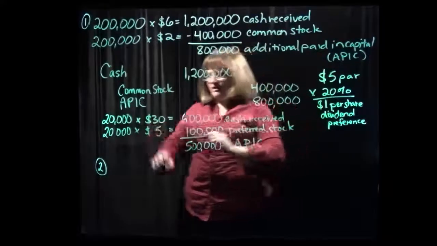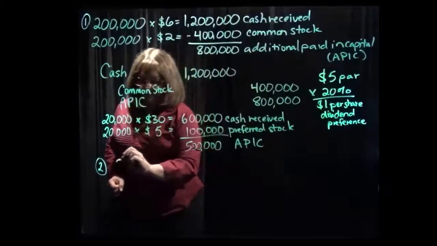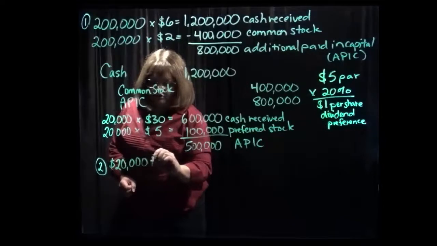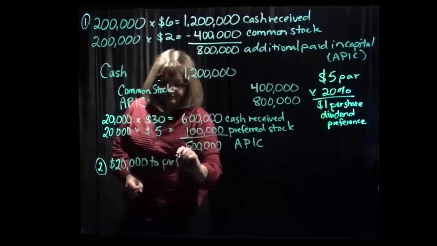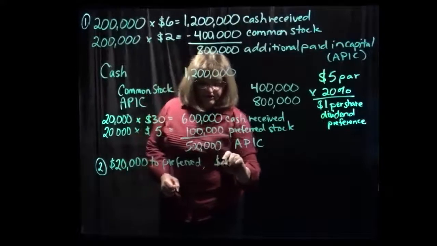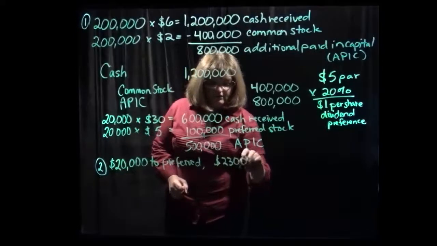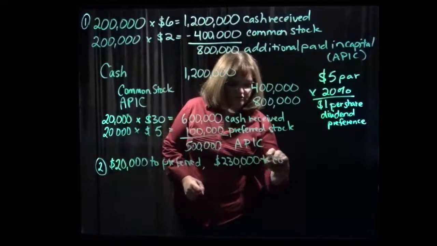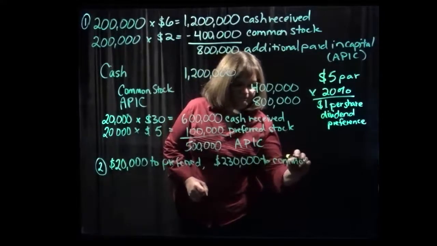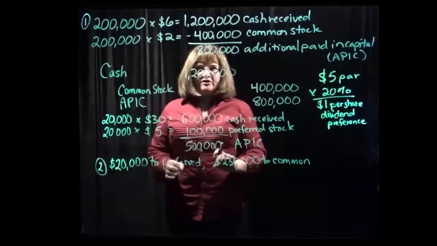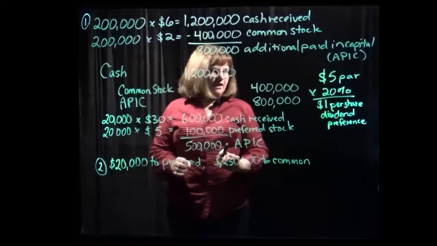Since they have 20,000 shares of preferred stock, they're going to pay $20,000 to the preferred shareholders, and the remaining $230,000 will go to the common stockholders. That's assuming, again, that preferred shares are non-cumulative.